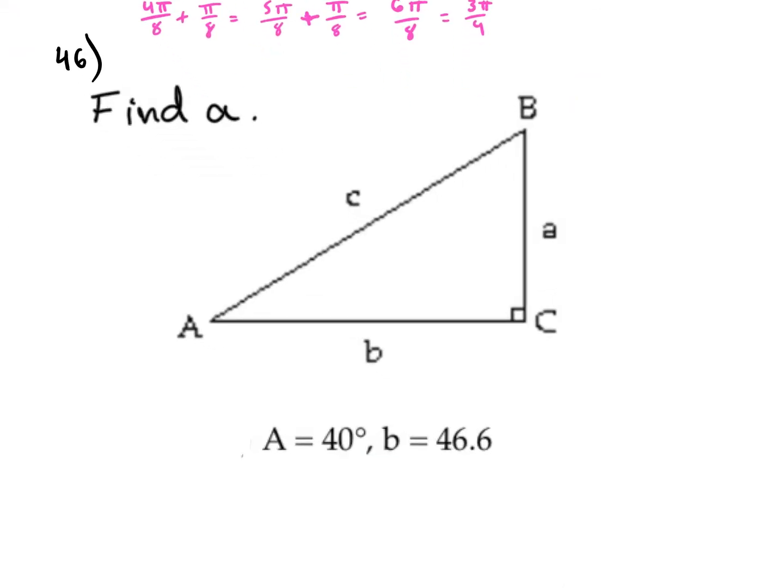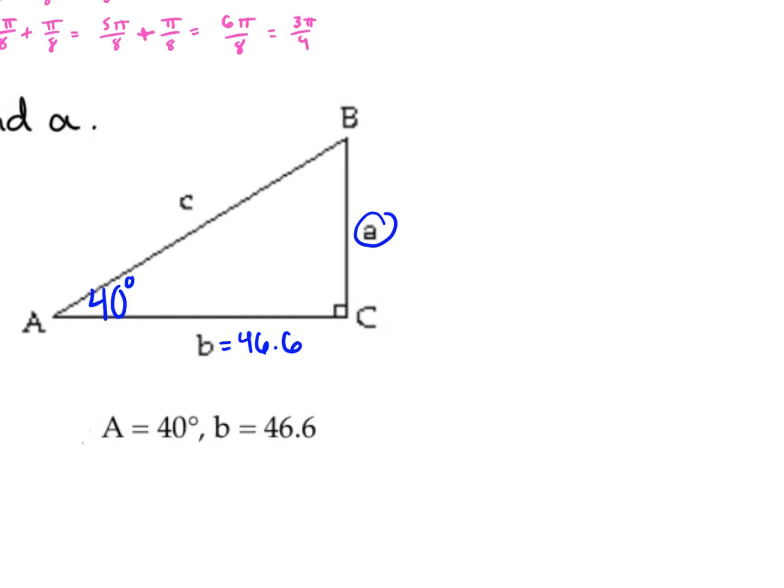So it tells us that angle A is 40 degrees. Side B is 46.6. And we have to find A. So which trig function do I need to use to find A? Tangent. So the tangent of 40 is equal to opposite over adjacent.